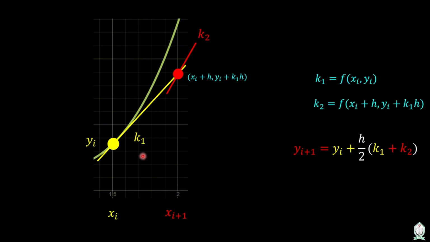Now what we can do, we can take k1 and plug it here, take k2 and plug it here, then take the average of these two slopes, multiply it by h, and then add it to the previous y. In this way we can get to the next point on the graph at this position.